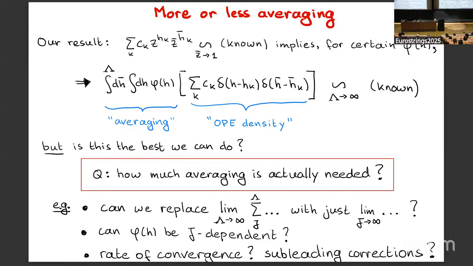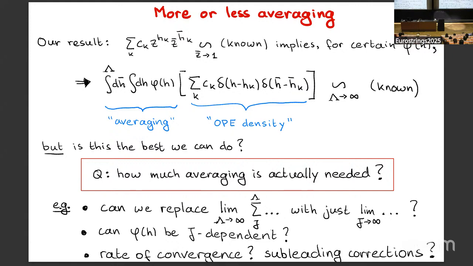The density itself, I don't know what happens, but if I average in this peculiar way, where I integrate over h bar to some lambda, and then integrate over h with some test function phi, then I know what happens in the large lambda limit. This was my result.